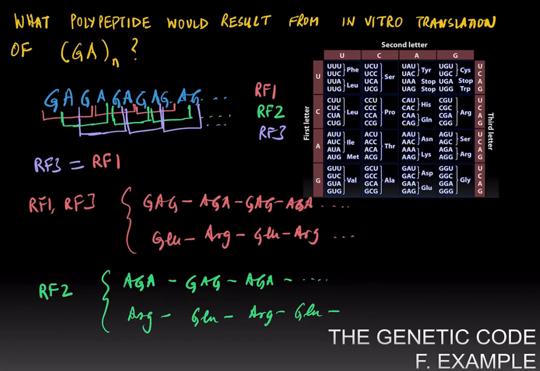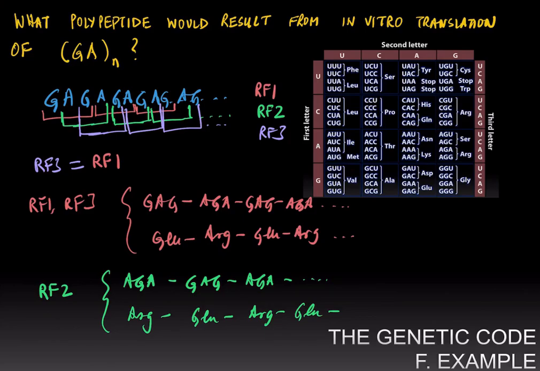So in contrast to the situation where the triplet was repeating, where which amino acid you get depended on the reading frame, in this situation where we have a doublet that's repeating, the amino acids you get do not depend on the reading frame. Irrespective of the reading frame, you will always get, in this example, a mixture of glutamate and arginine.